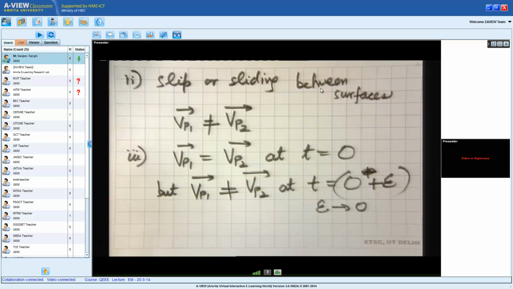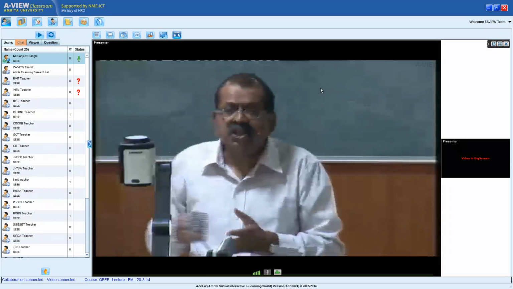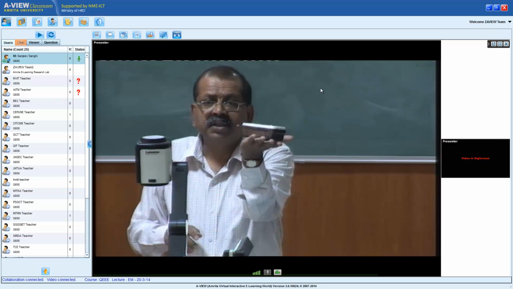That means if the same force is applied, then at the next instant the body will start to move. And let me illustrate this.